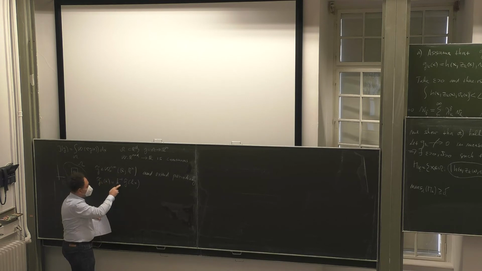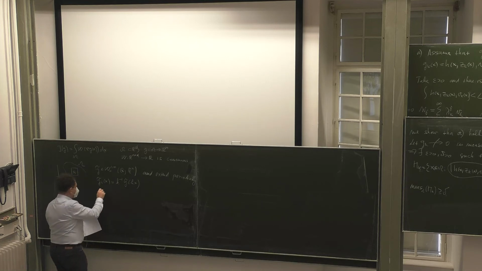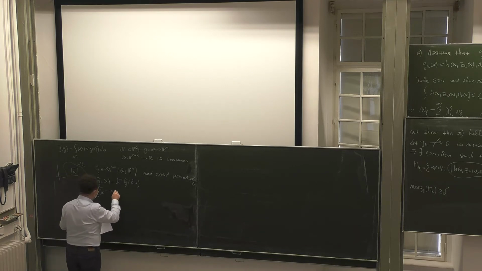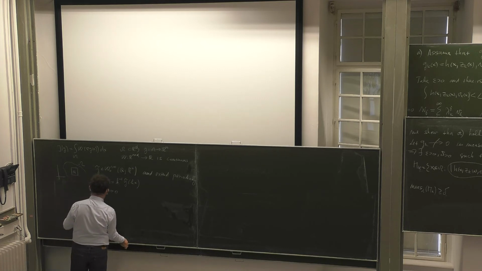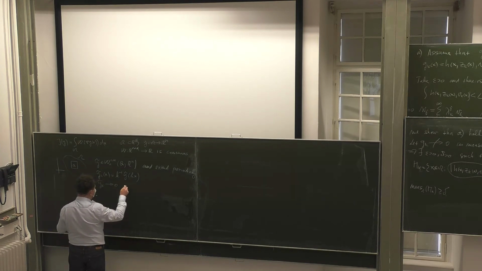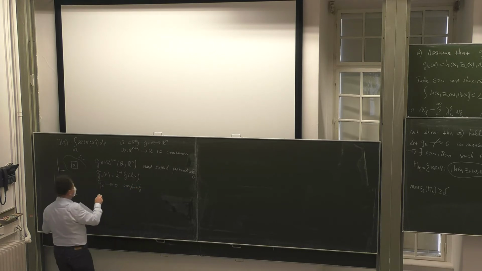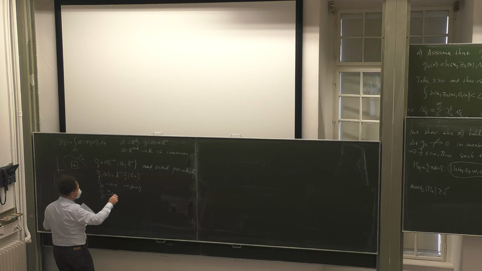So this means that this goes to 0, uniformly. And I know, because this is a Sobolev function, that yk tilde goes weak star in W1 infinity to 0.